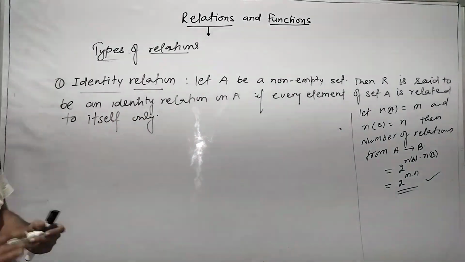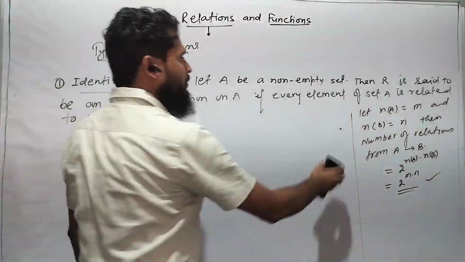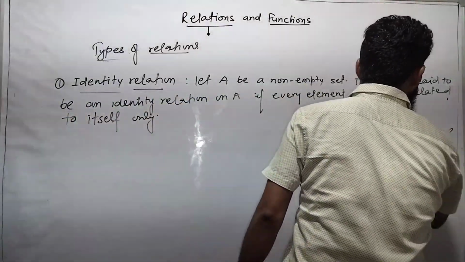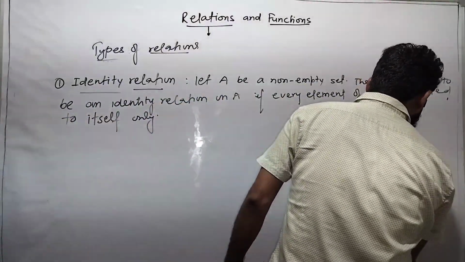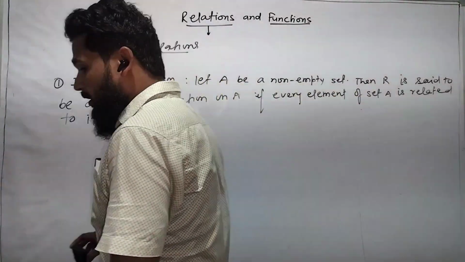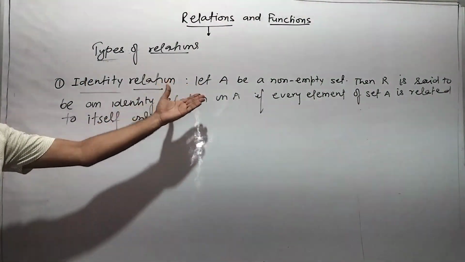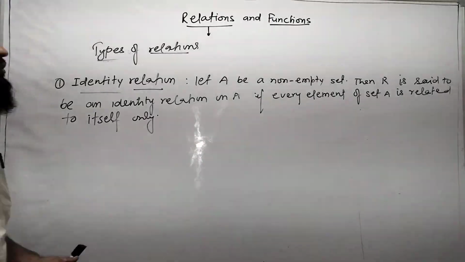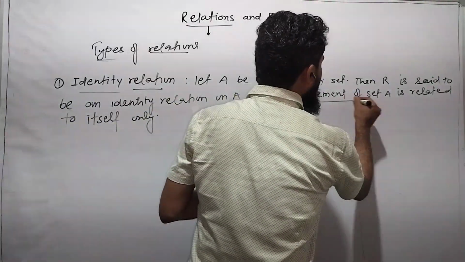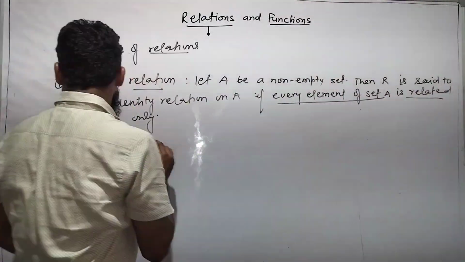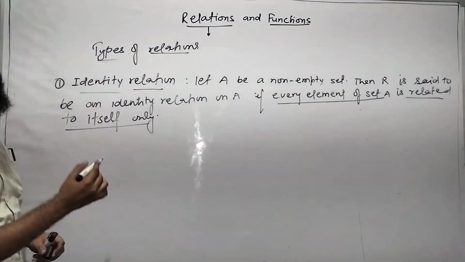ध्यान से देखिए बेटा, समझने की बात है कि a relation R is said to be an identity relation on capital A if every element of set A is related to itself only.